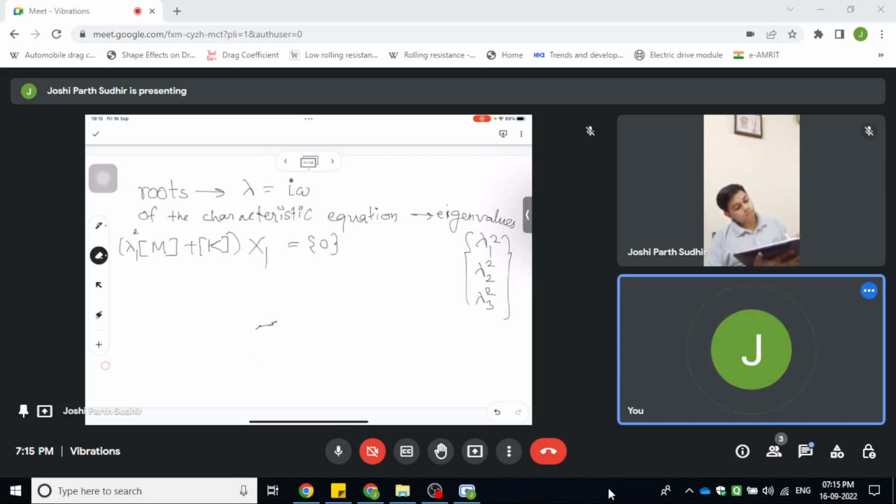and similarly we have lambda 2 square into m plus k into capital X2.